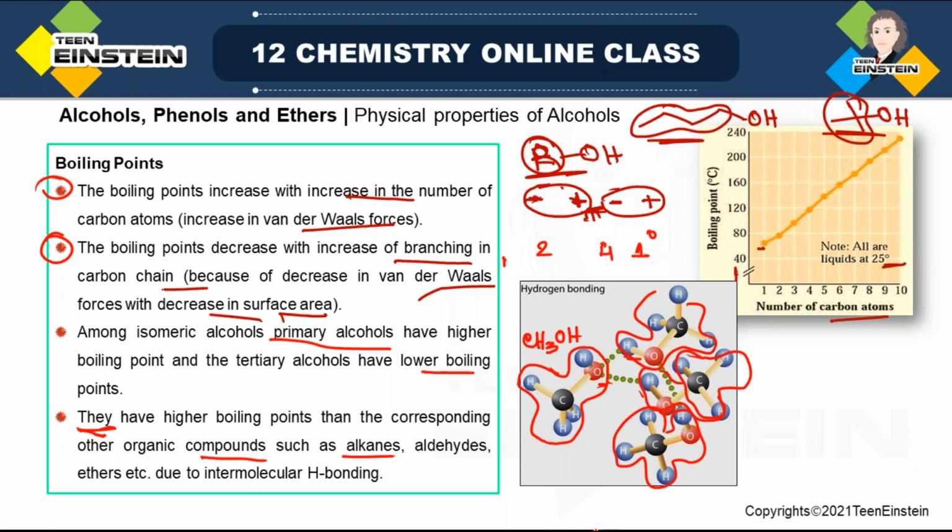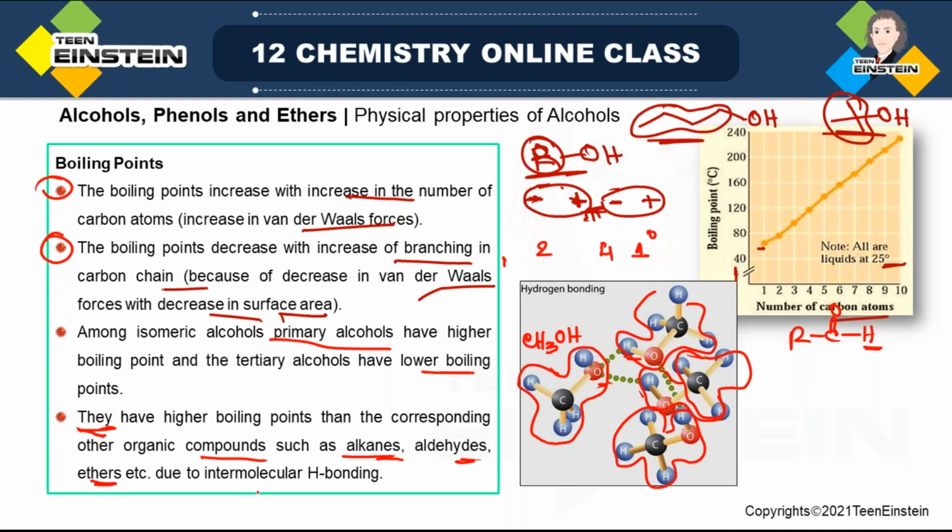So this type of hydrogen bonding is not present in case of alkane, because in alkane there is only carbon and hydrogen. In aldehydes also, if we write the aldehyde structure, it is like this. Hydrogen directly attached to any electronegative atom, that type of hydrogen is not present here. So the hydrogen bonding that you can expect in alcohol is not possible in this case.